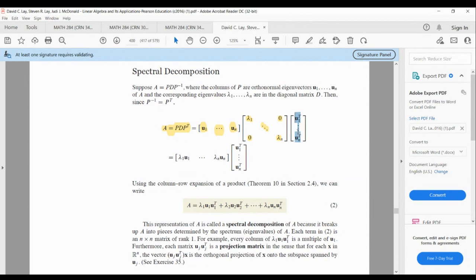And P transpose is just this matrix here. Now, you can write this matrix product a different way. When the eigenvalues are on a diagonal like that, you can think of them as scalar coefficients. Let me show you an example of this.